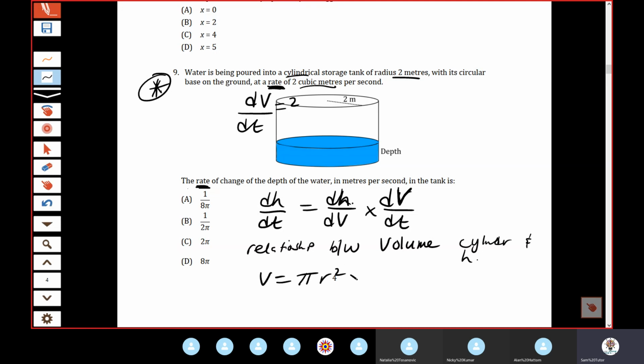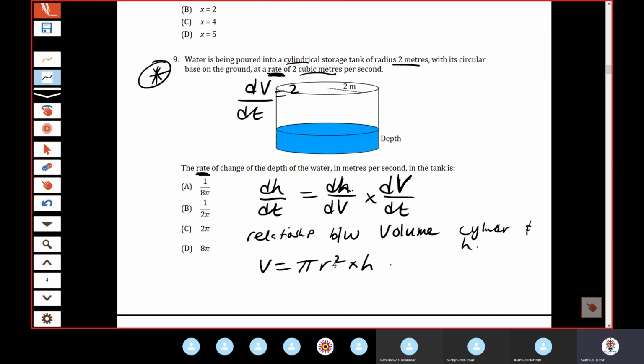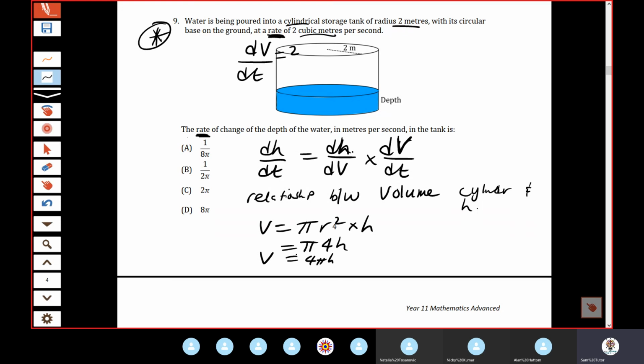Well, we know volume of a cylinder is pi r squared multiplied by h. We know that the radius is 2, so we've got pi times 2 squared, which is 4, and then h. I'm just going to rearrange that so it looks a bit better. There it is. So V equals 4 pi h. Then we differentiate this.